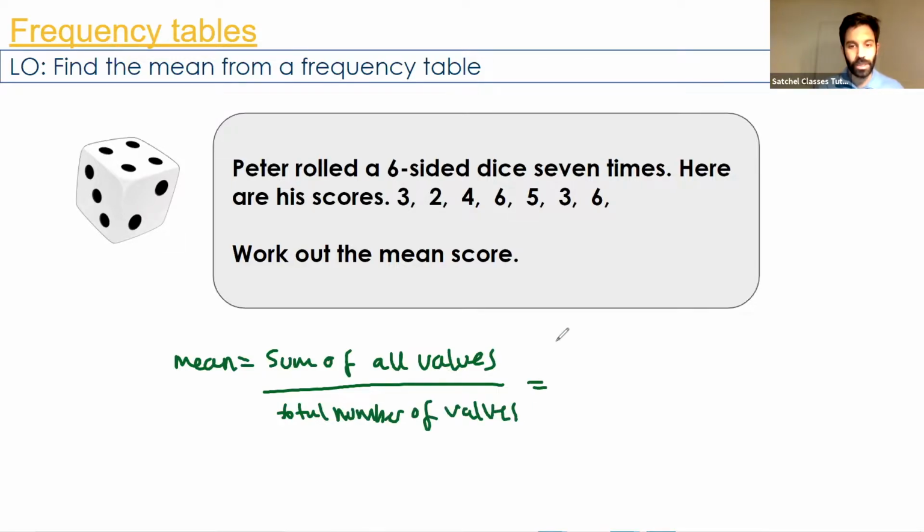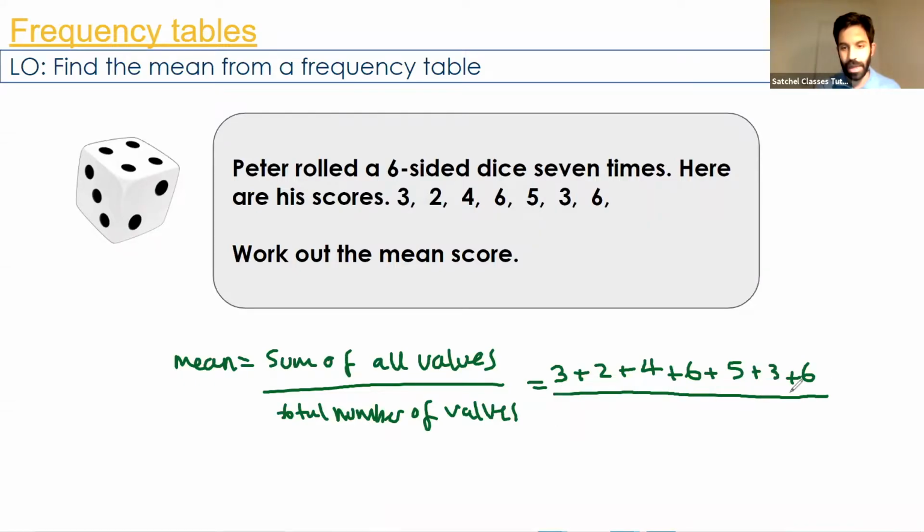In this case, the sum of the values will be 3 plus 2 plus 4 plus 6 plus 5 plus 3 and plus 6 again. In total we have 1, 2, 3, 4, 5, 6, 7 values, divided by 7. The question tells us he rolled the dice 7 times, so we should have 7 values.